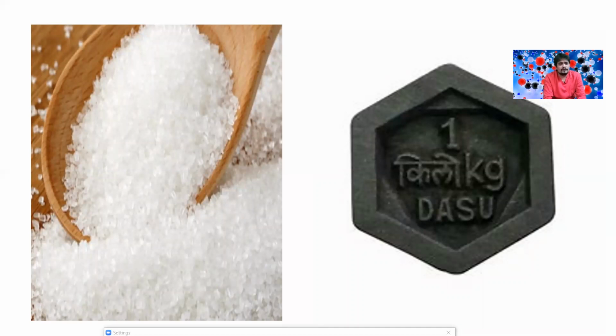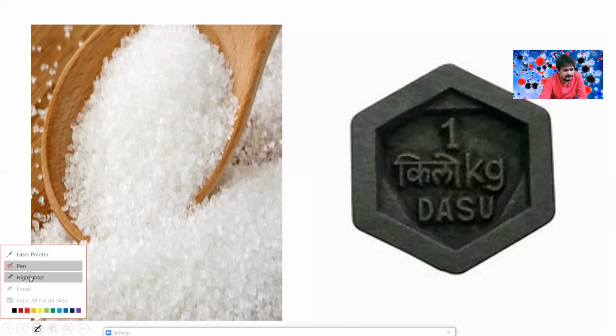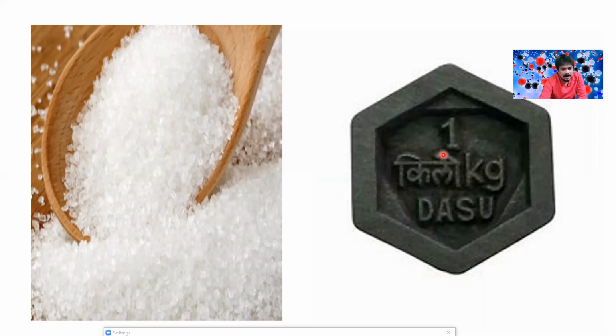Now, in order to weigh 1 kg of sugar, what is the reference or the standard? In order to weigh 1 kg of sugar, the 1 kg bar is the reference.